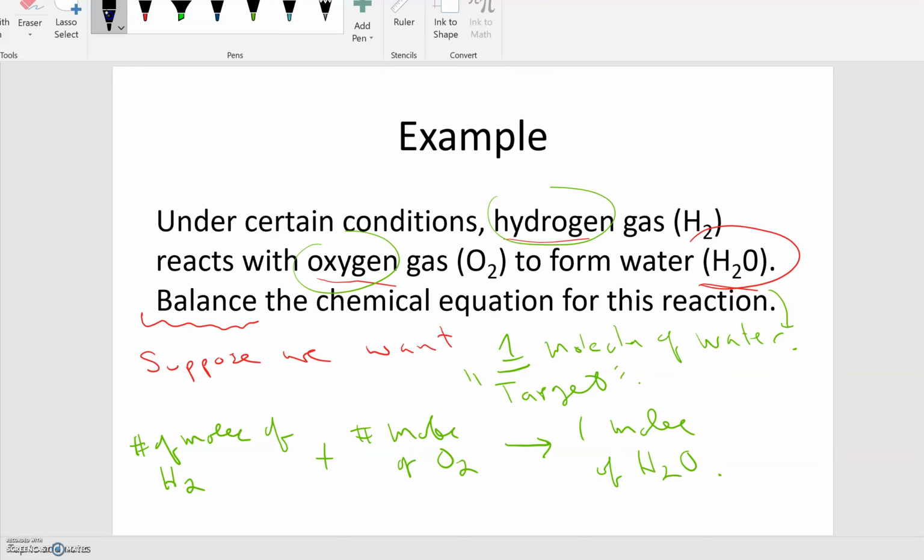So specifically, my unknowns: let x be the number of molecules of H2, and let y be the number of molecules of O2. Okay, and let me insert another slide in here to write on.